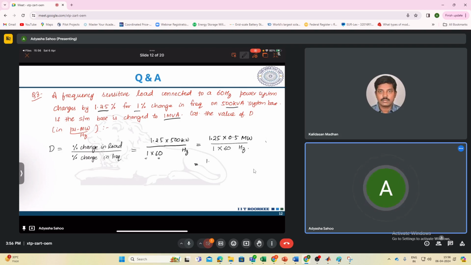So that will be 1.25 into 0.5 divided by the base, which is 1, divided by 1 into 60. So now this is in per unit, this is in hertz.